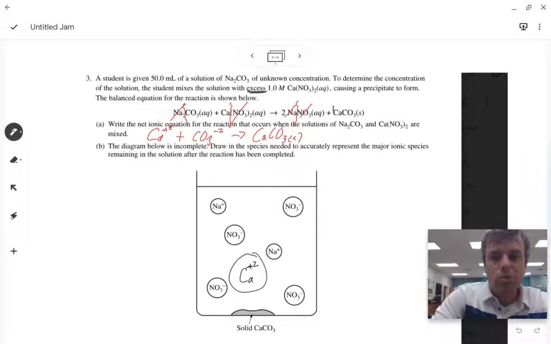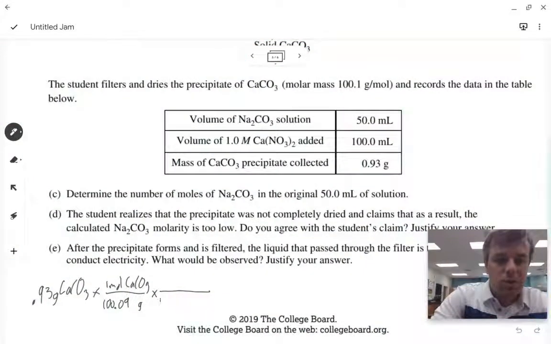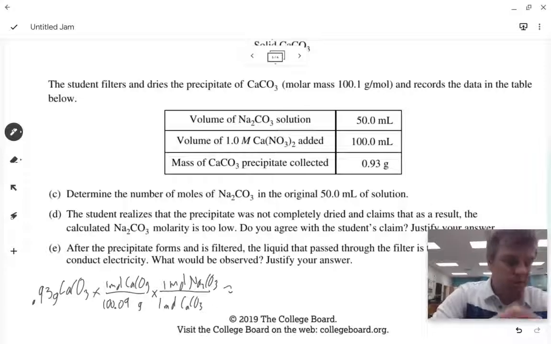It's a 1-to-1 ratio. So 1 mole of calcium carbonate is 1 mole of sodium carbonate. So that means that we had our number of moles in the original solution.